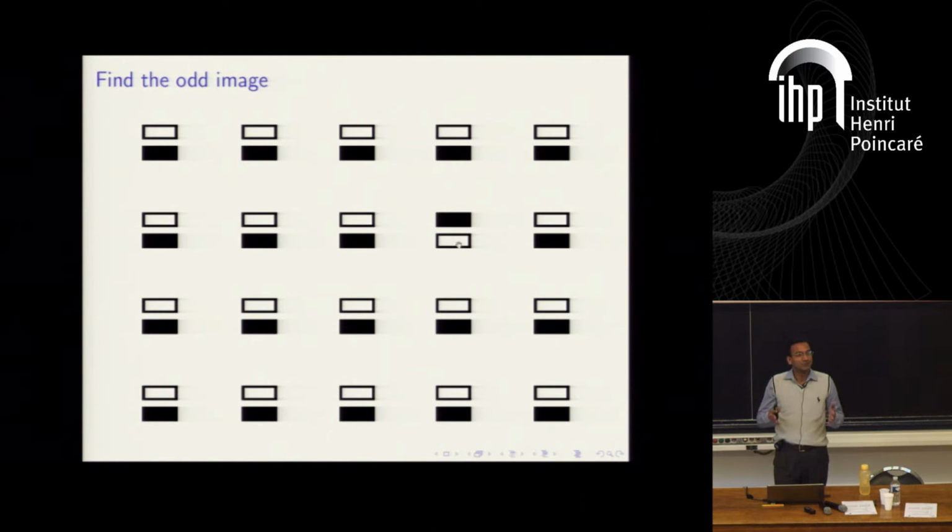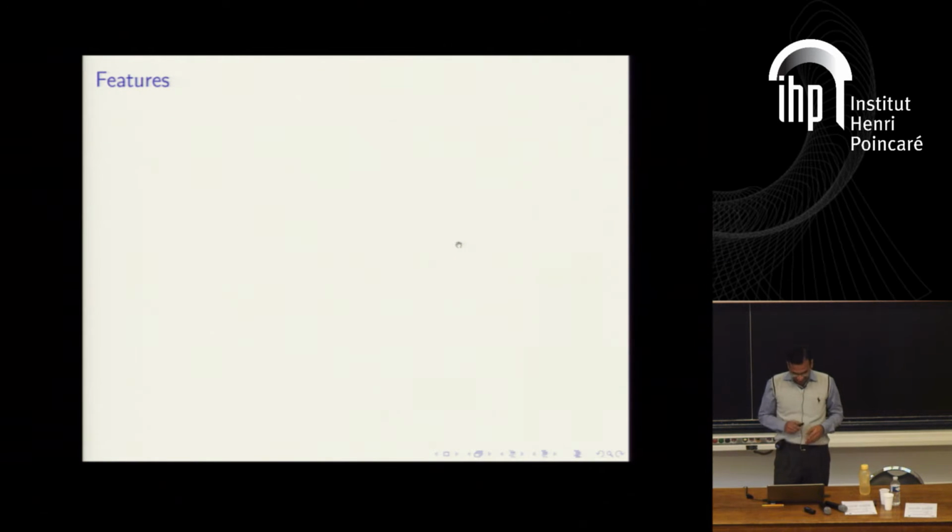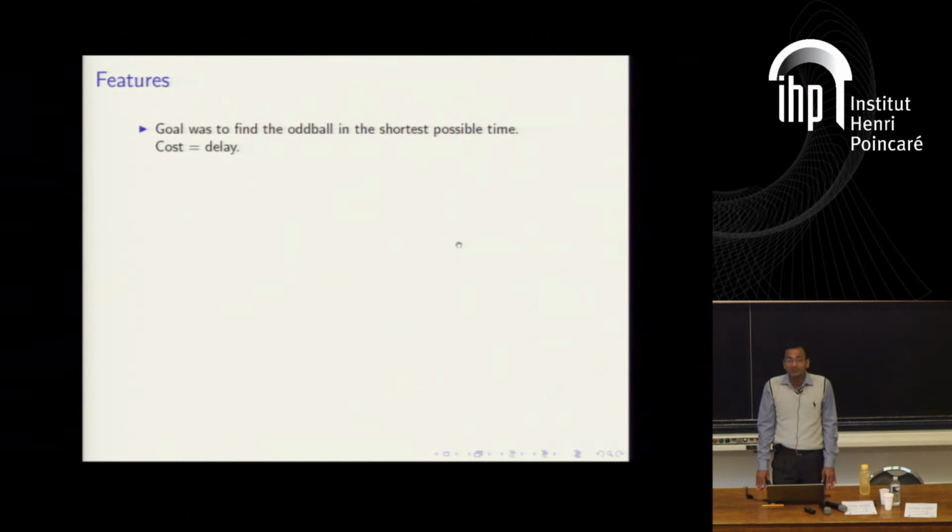I'm sure all of you were essentially searching for where the oddball was. He was rather quick in identifying where it was, but oftentimes people take a little longer. And here are some features in the search that you would have executed. The goal was to find where the oddball is in the shortest possible time.